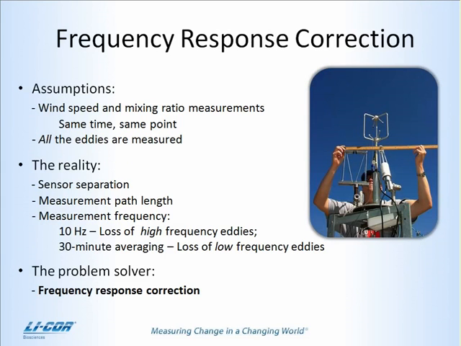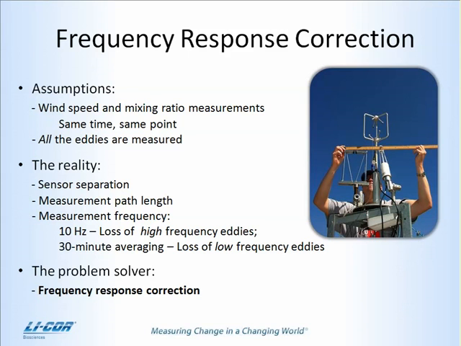In theory, we assume that wind speed and mixing ratio are measured simultaneously at one point, and all the eddies are measured. But in reality, sensors are separated, and they have measuring paths.